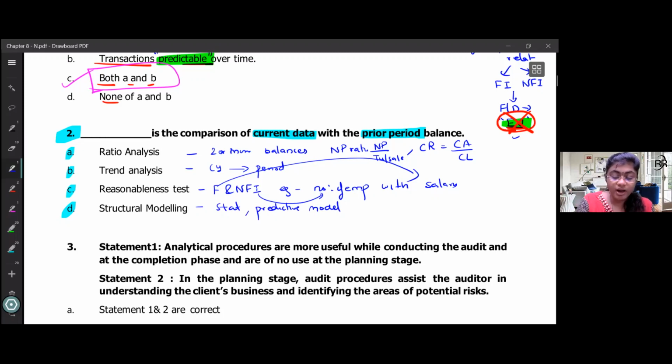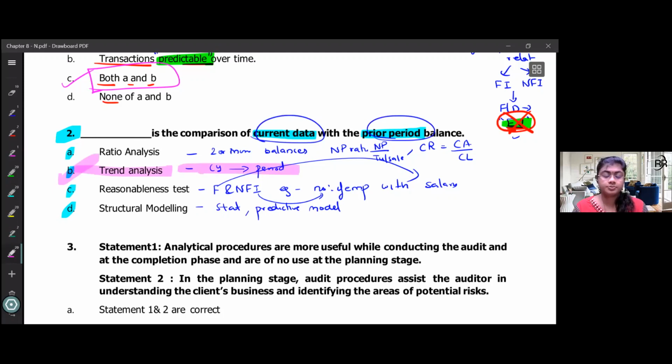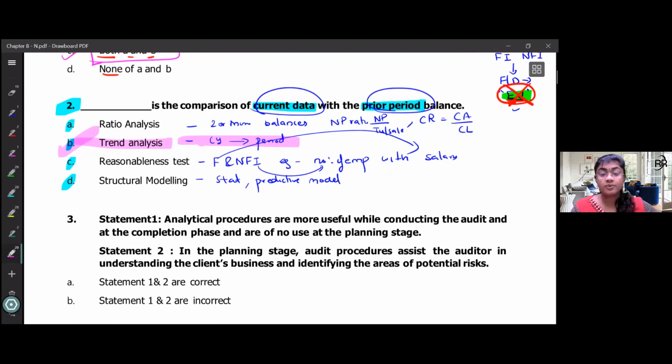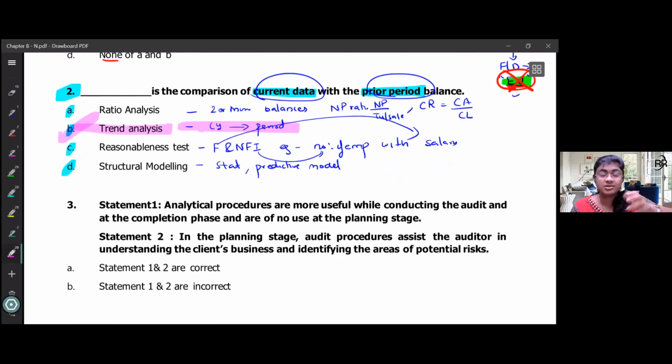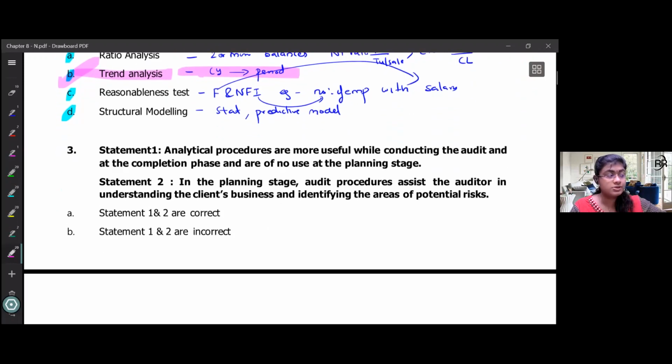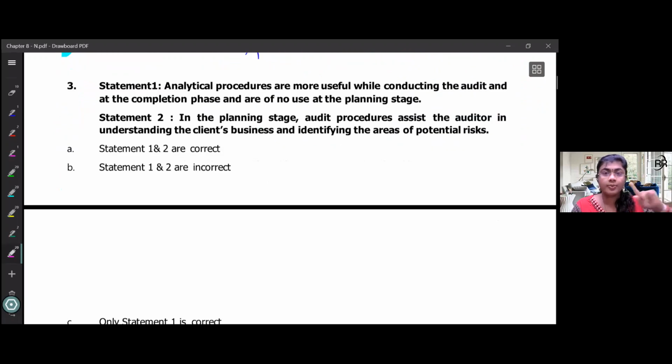So here they have asked comparison of current period with prior period balance, which is nothing but trend analysis. I hope you are clear with the 4 techniques or tools for applying analytical procedure.